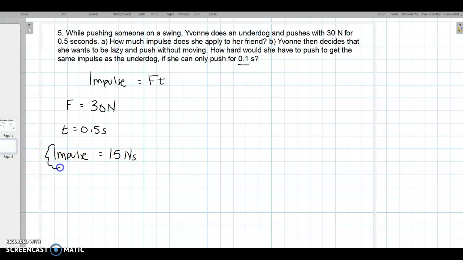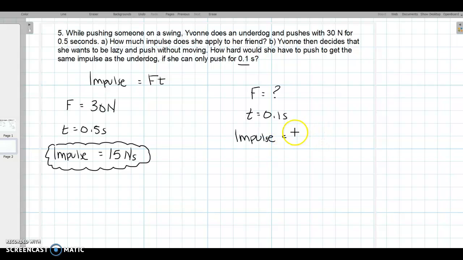She wants to match this impulse right here, as if she was doing it, but she only wants to apply it for that amount of time. How much force does she need in order to match this impulse? So we're trying to solve for F in this case. We're given T of 0.1 seconds, and we're given an impulse because it's the same amount of impulse that we need to match from the previous part, 15 newton seconds.